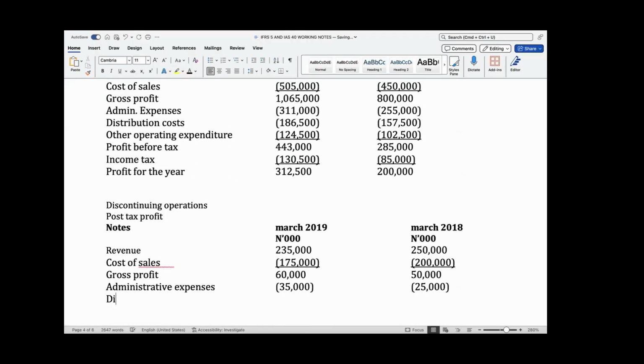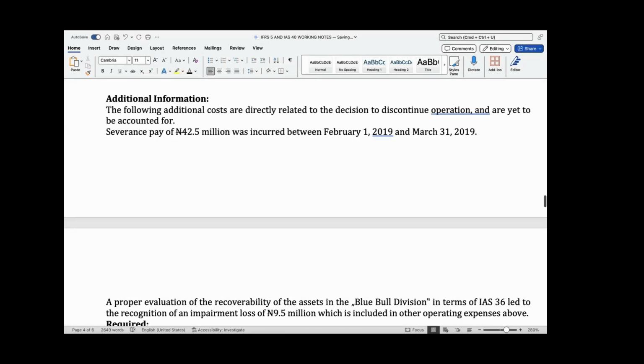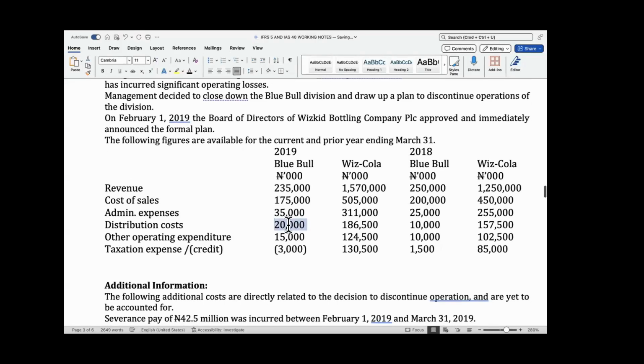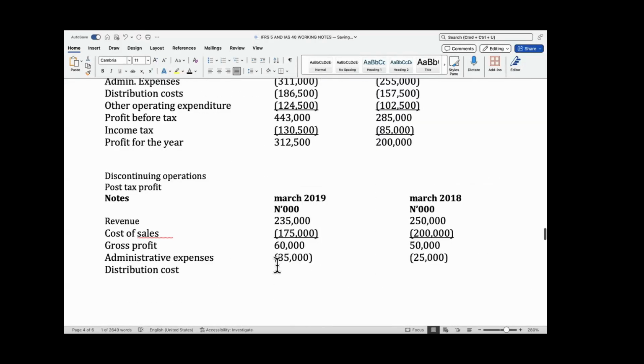Then my distribution costs are 20,000 and 10,000.